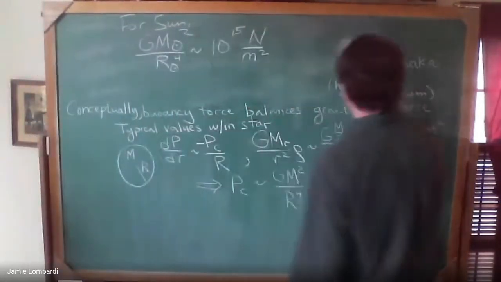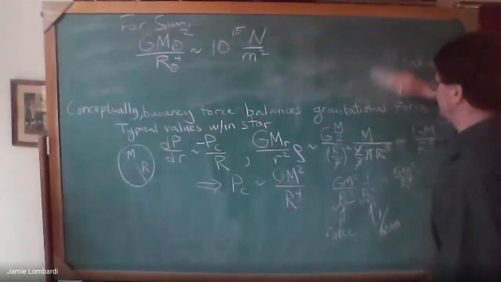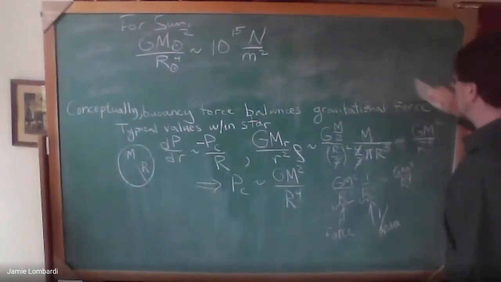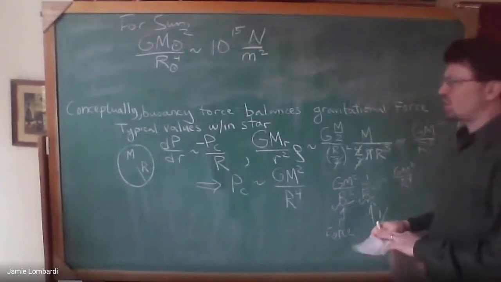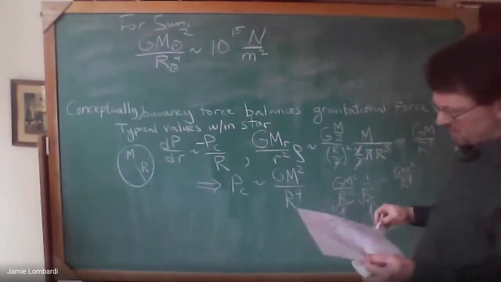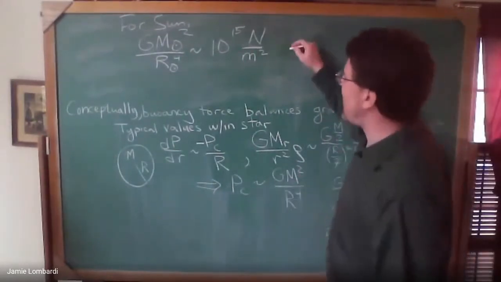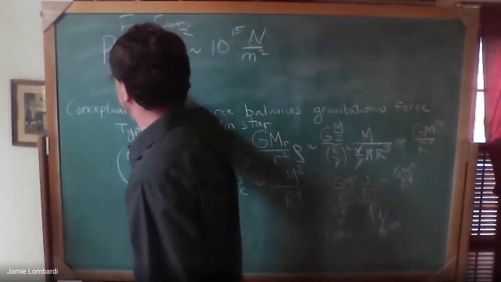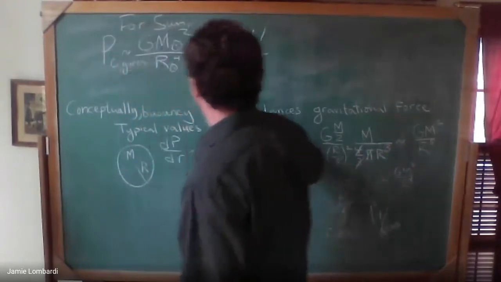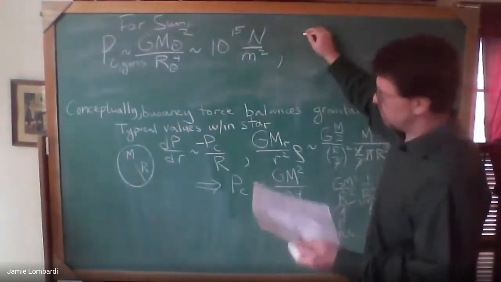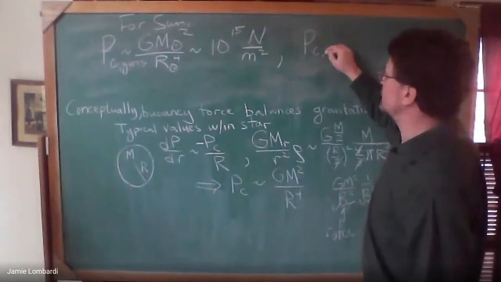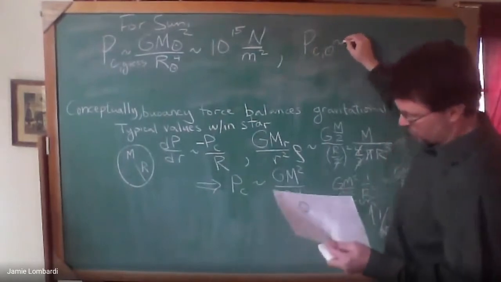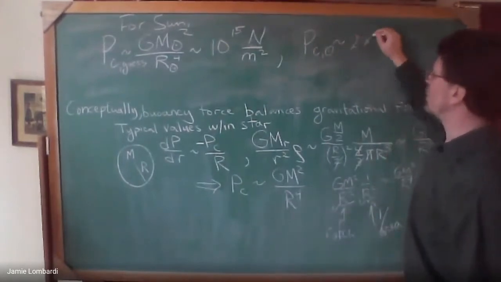And this is an underestimate. We've been very loose here with coefficients. We haven't solved the equation of hydrostatic equilibrium exactly by integrating. So this is the P at the center of the sun, our guess for it. And the actual pressure at the center of the sun is closer to 20 times larger.